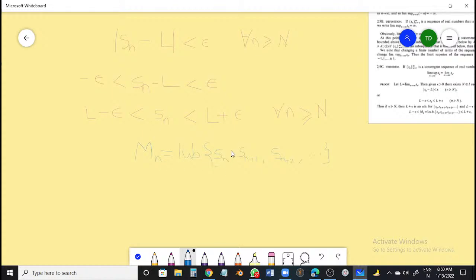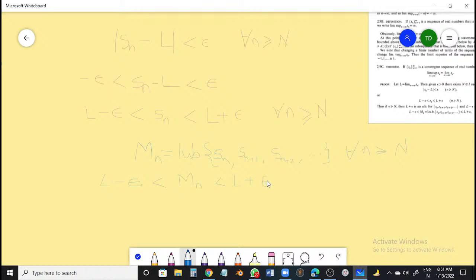And let us write, this is for all n greater than or equal to capital N. All these Mn will lie between L minus epsilon to L plus epsilon. L minus epsilon less than Mn less than L plus epsilon.